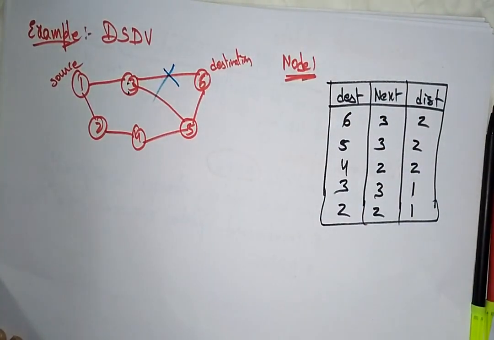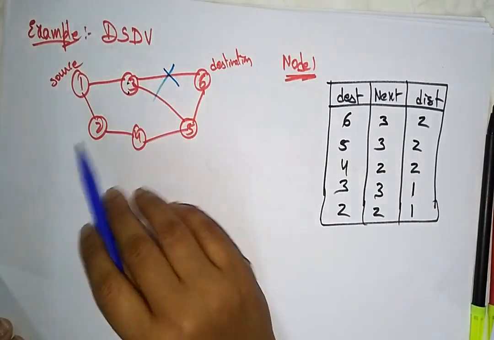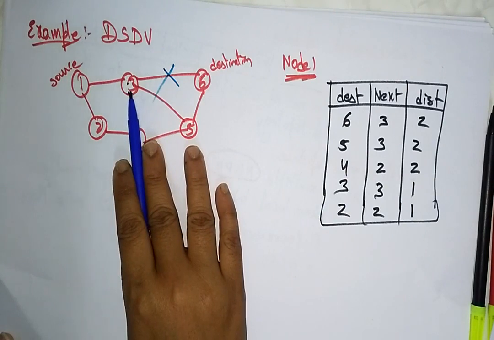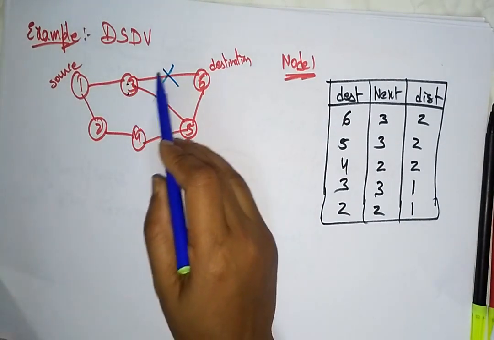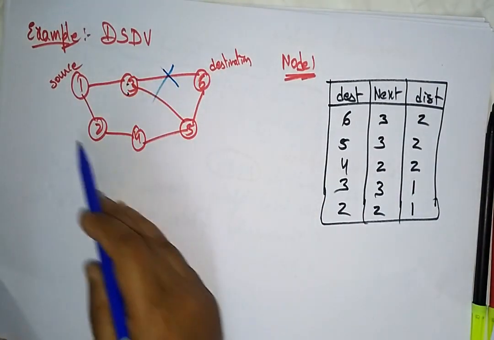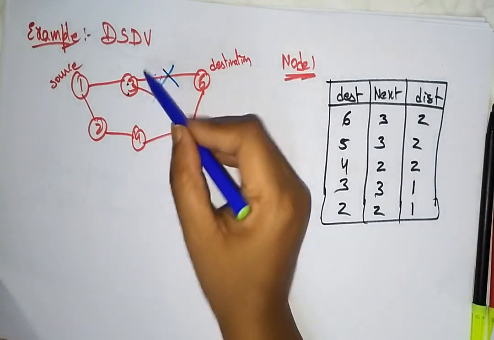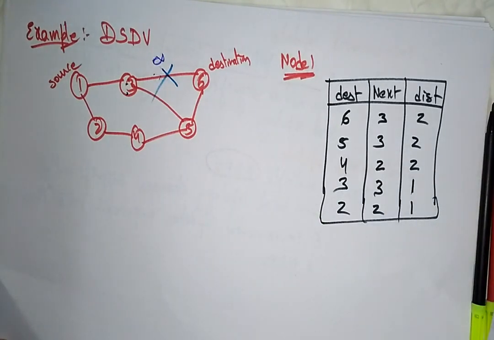When a neighboring node observes a link break, here the link break is observed by node 3. Whenever node 3 observes it, it sets all routes through the broken link to infinity, and it broadcasts its routing table.